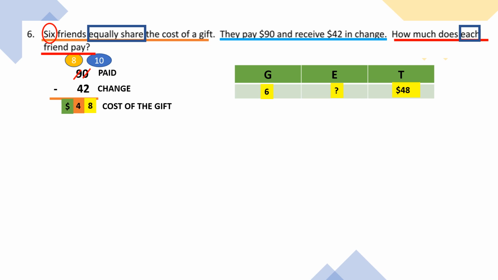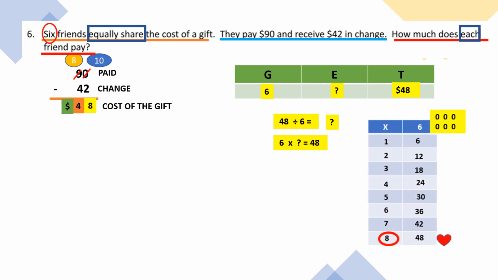Now I can set up equations to figure out the answer to the problem. I can set it up as a division equation first, and that would be 48 divided by 6 equals my unknown. I can also set it up as a multiplication equation: 6 times my unknown equals 48. It should seem very familiar because we just used that same set of equations for number 5, which means you should not have to create a whole other ratio table.